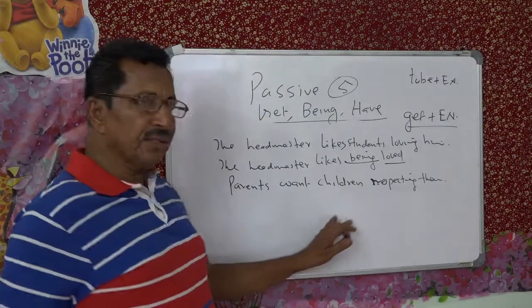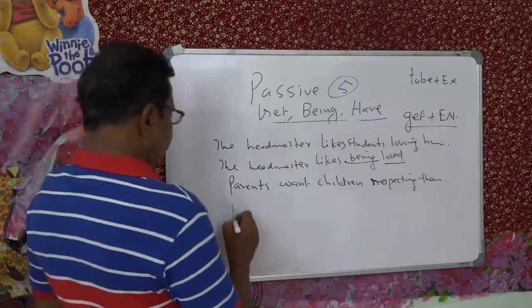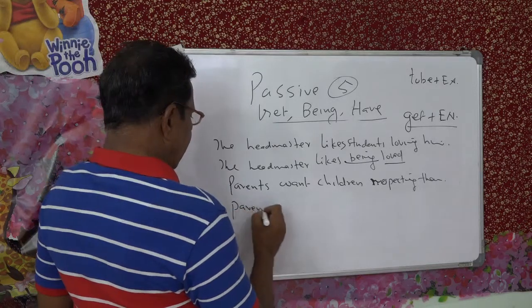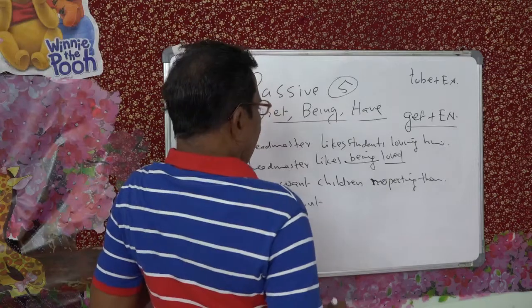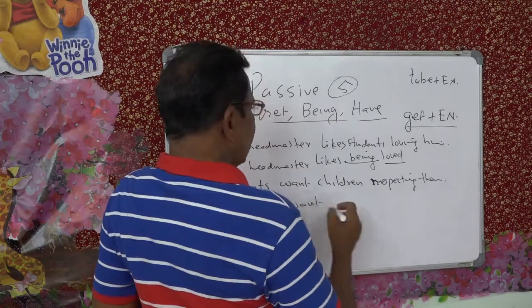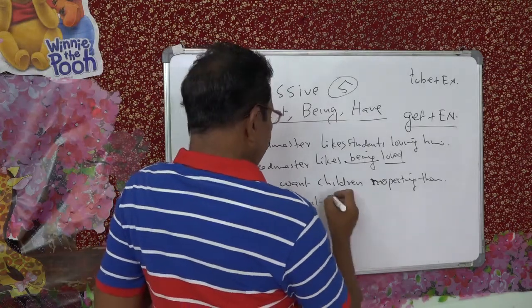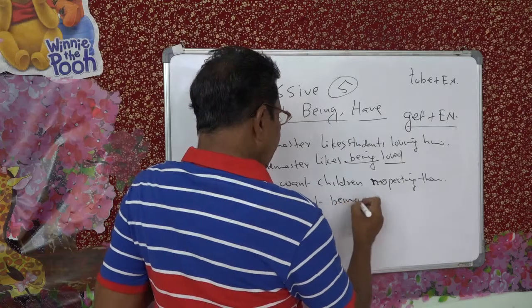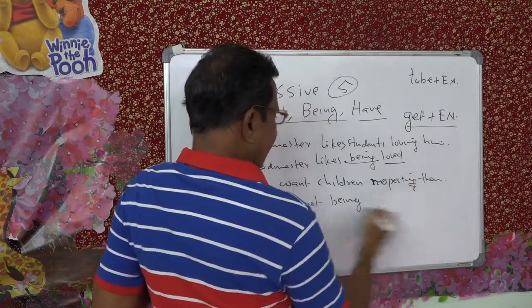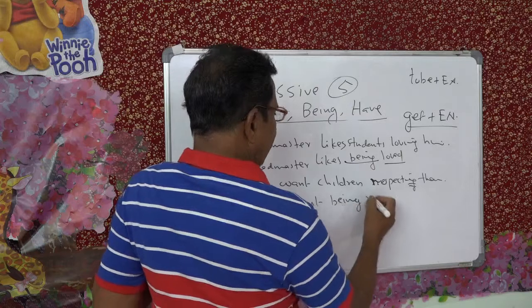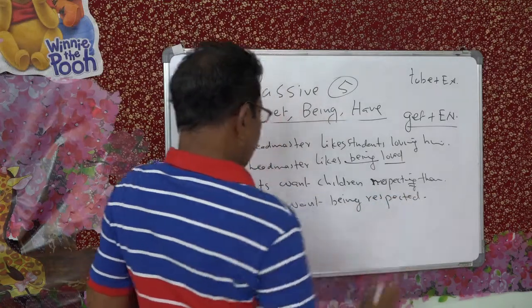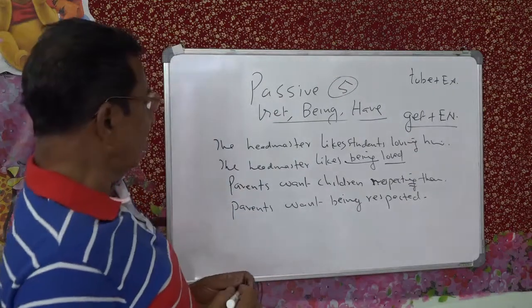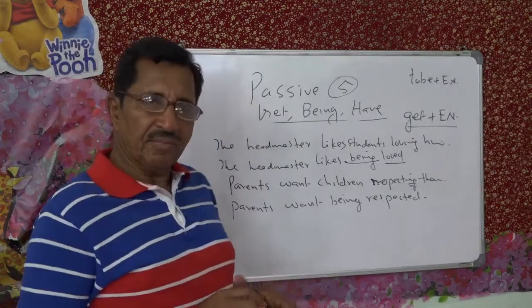So by being passive, you can write parents want being respected, because here there is ing here, being respected. The parents want being respected.